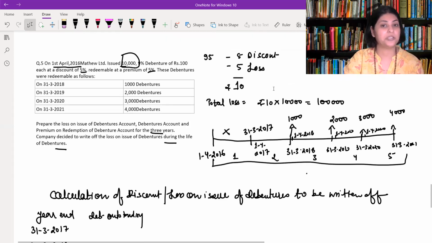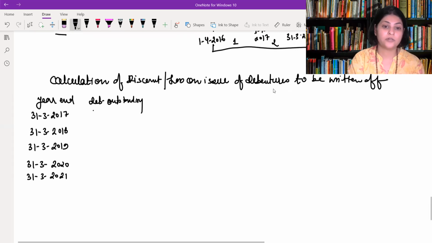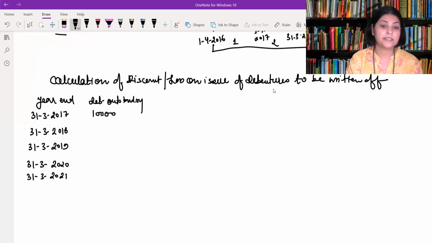Whole 10,000 debentures will be outstanding over here. So I will write over here 10,000 because none of the debentures are redeemed. Next year also, because the debentures are redeemed at the end of the year, I am not going to reduce any number over here, which we have already discussed in the previous classes. So I'm going to write still 10,000 debentures over here.